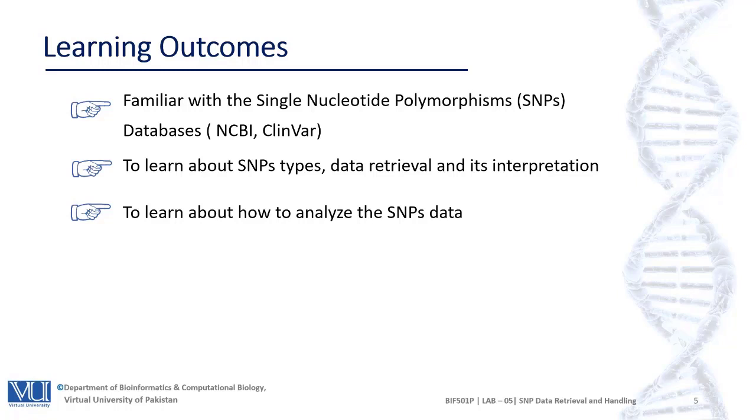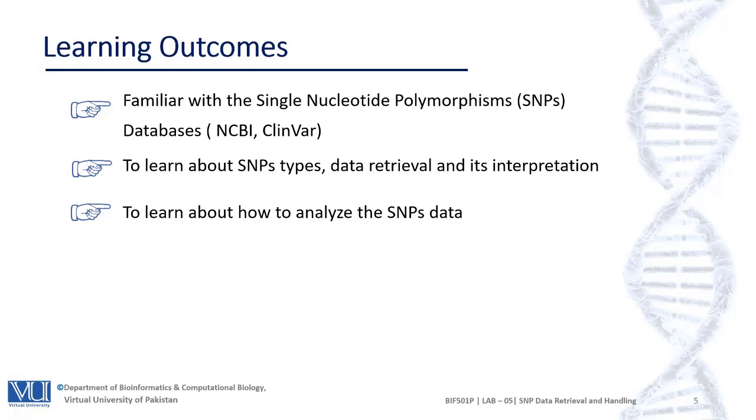By the end of this session, you should be proficient in retrieving SNP data and preparing it for downstream analysis. This lab will enable you to become familiar with single nucleotide polymorphism databases, and it will also help you to learn about SNP types, data retrieval and its interpretation, and how to analyze the SNP data.